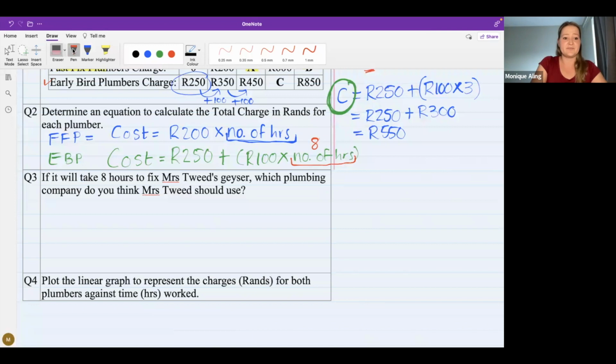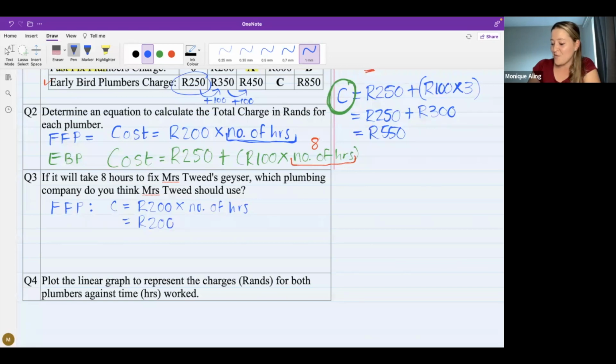So let's start with Fast Fix. We know our formula for Fast Fix Plumbers is 200 Rand times number of hours. We just substitute the hours into our formula, and we're looking at 8 hours, which gives us a total cost of 1,600 Rand.